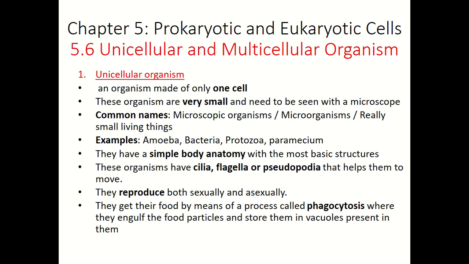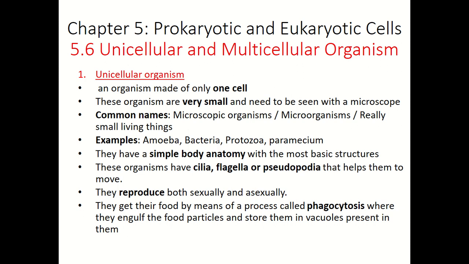You cannot see them with your naked eyes. Common names of unicellular organisms are microscopic organisms, microorganisms, and really small living things. Examples are amoeba, bacteria, protozoa, and also paramecium.